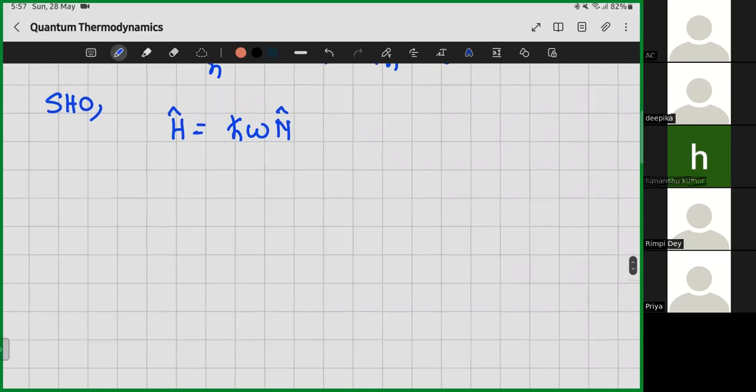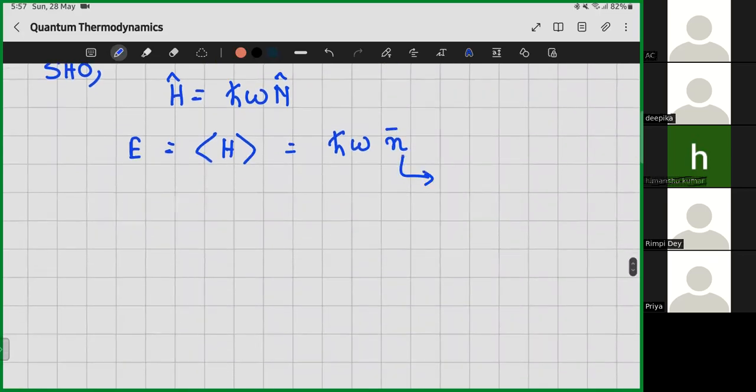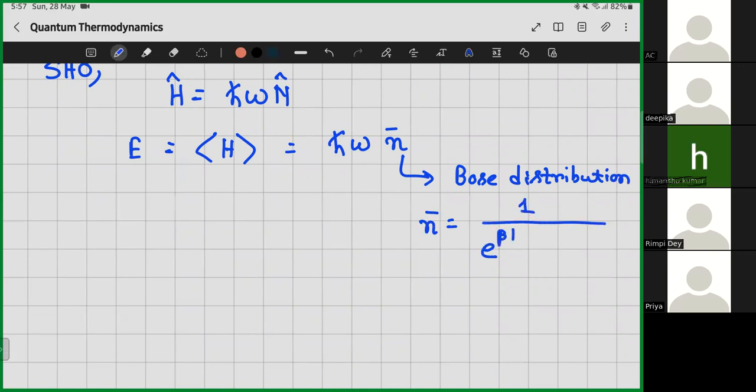As we are considering the harmonic oscillator, this is our Bose-Einstein distribution function, which is 1 over e to the power beta h cross omega minus 1.